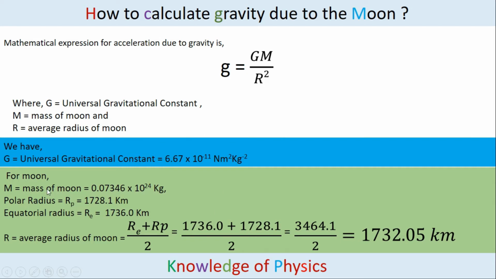You can search it on Google and just click on the link of Wikipedia. Polar radius Rp is given in kilometer, and equatorial radius is this. The average radius of moon is the average of these two values, and this average radius becomes 1732.05 kilometer. Average radius is denoted by r here.